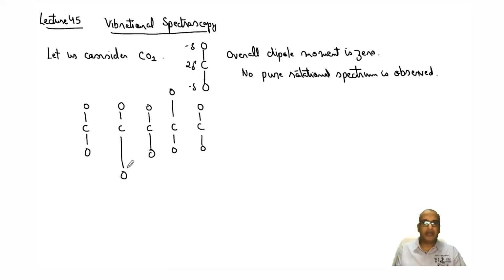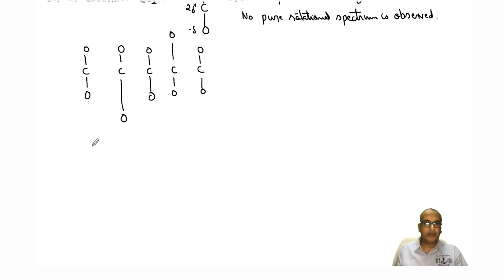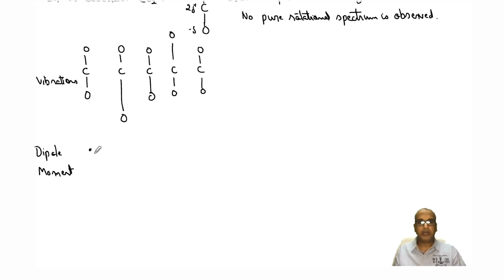So now if I try to draw the component of this dipole, it will look like this. The dipole is 0 over here. So these are vibrations, and the dipole moment looks like this. Dipole moment is 0 here. I can say that the direction is downward here. 0 here again. Direction of the dipole is upwards. 0 here again.